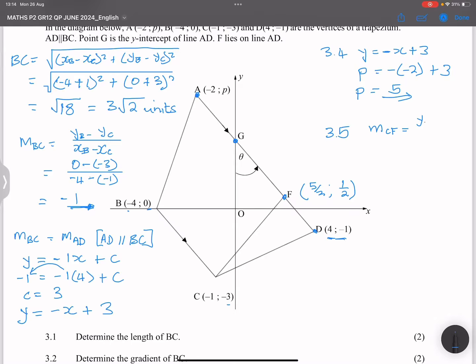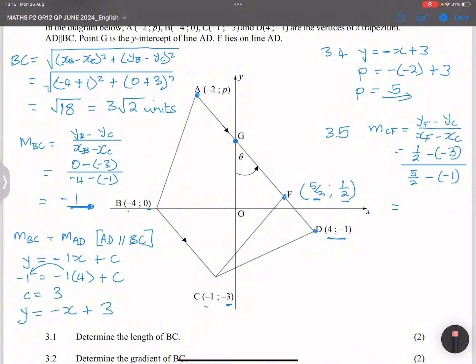So YF minus YC divided by XF minus XC. So this is going to give us 1 over 2 minus a negative 3, divided by 5 over 2 minus a negative 1. Okay, so y2 minus y1, x2 minus x1. Right, so what do we get there?